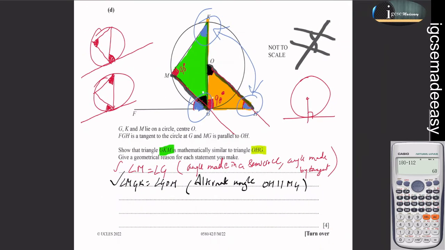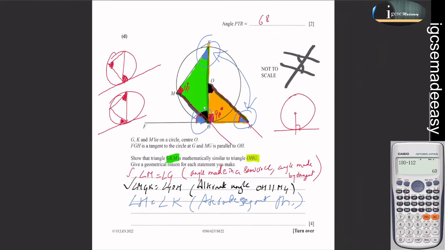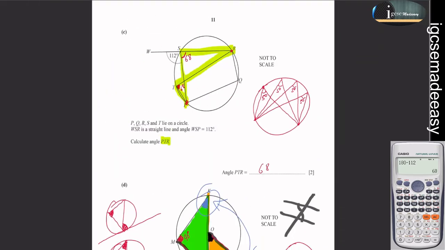So we can say that angle H is equal to angle K, alternate segment theorem. So we concluded that, by angle, three things we have proved, all three angles are equal to each other. We can say that triangle GKM is similar to triangle OHG. I think this is clear to you.